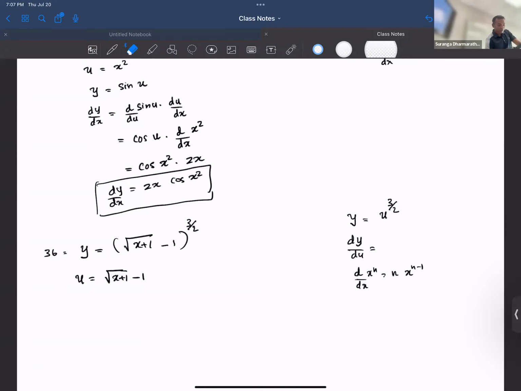u is equal to square root of x plus 1 minus 1. So you can write y is equal to u to the power 3/2. Right?